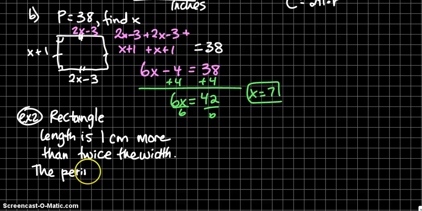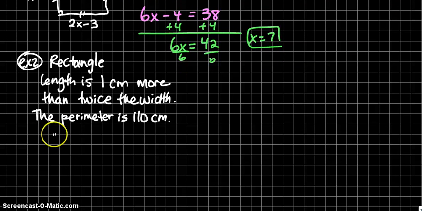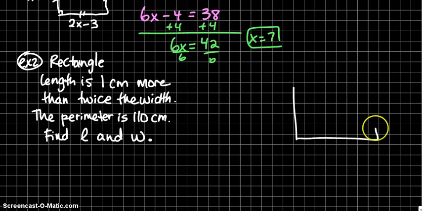The perimeter is 110 centimeters. Our instructions are to find the length and width. So here's the hard part. Got my rectangle. Here's the key stuff.